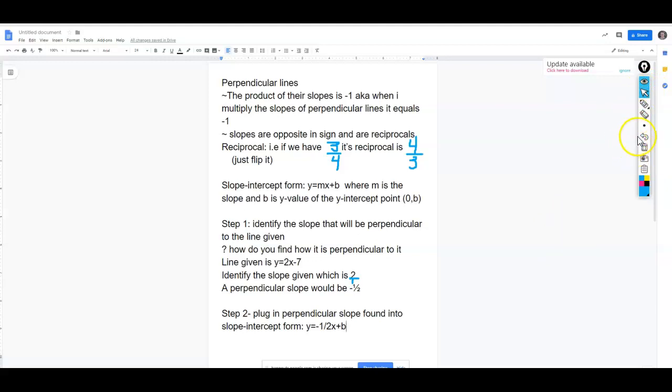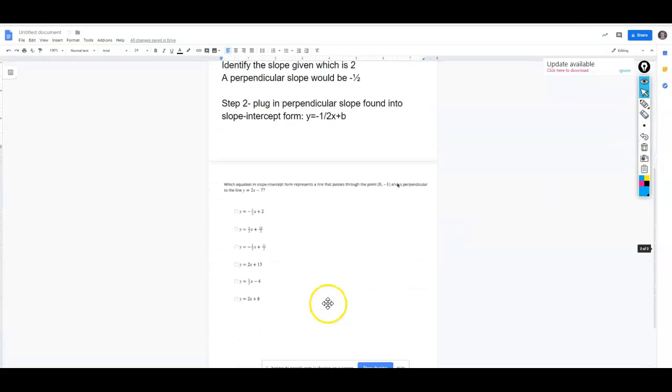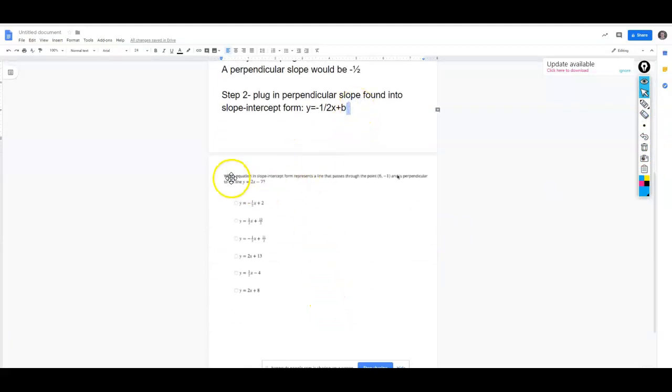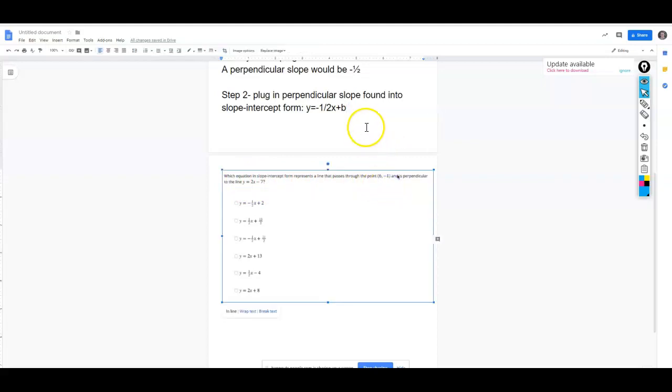Okay, so now we'll be jumping on to another one. So going back to the question, it says, which equation in slope-intercept form represents a line that passes through the point 6, -1?